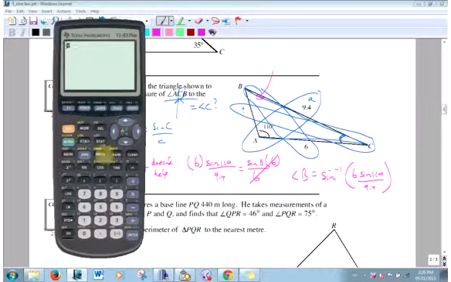Inverse sine of bracket 6 times sine of 110 bracket divided by 9.4 bracket is, does that look reasonable for that angle B? Does it look like about 37 degrees?